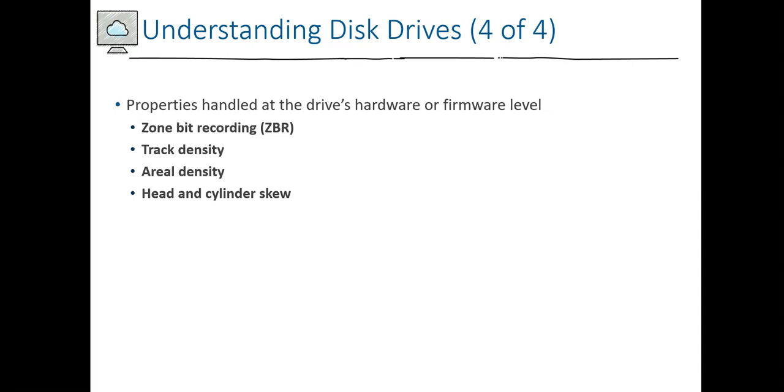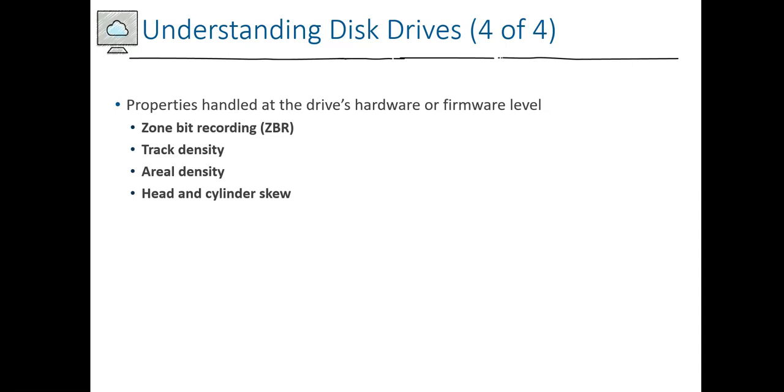So we have zone bit recording, or ZBR, which is a method used by disks to optimize tracks. So, where's the best place to put the data?